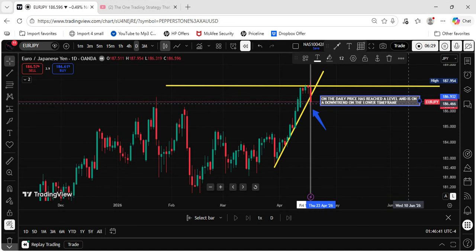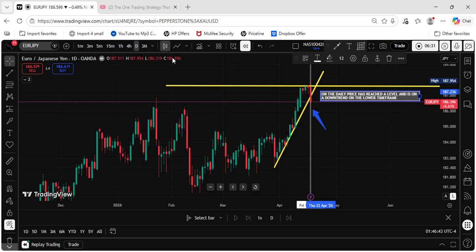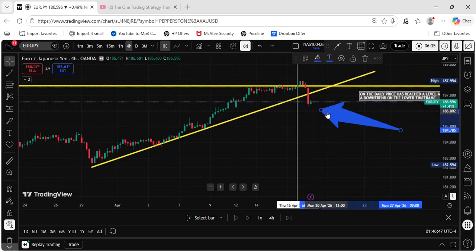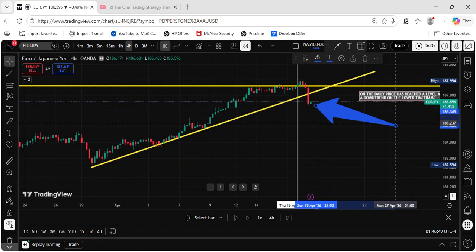Okay. So we got that on the daily. Now on the 4 hour, we found a trend line break right here.